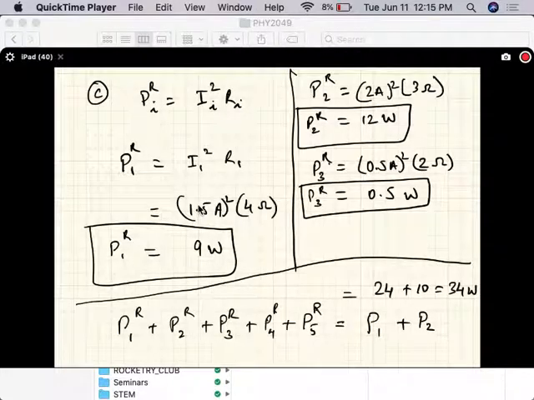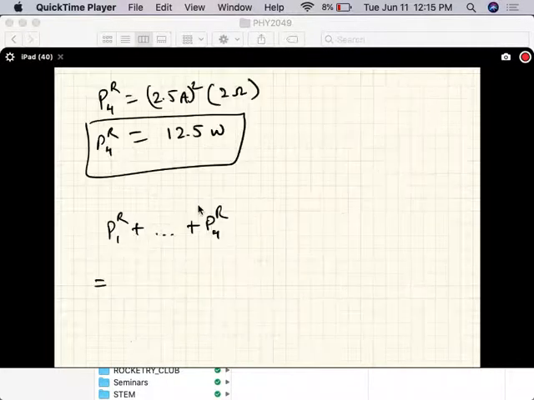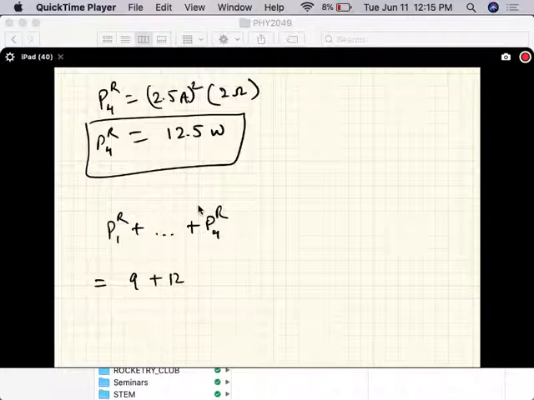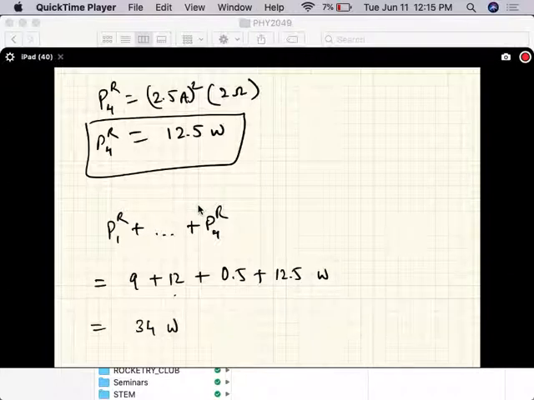That's equal to 9 watts plus 12 watts plus 0.5 plus 12.5 watts. And that is 24, 25 plus 9, 34 watts as promised. So it's a good cross check. What this tells you is you've done a bunch of algebra, and this tells you that you didn't make a mistake, unless you made 2 canceling mistakes.